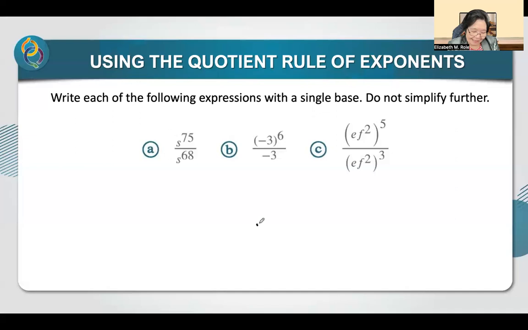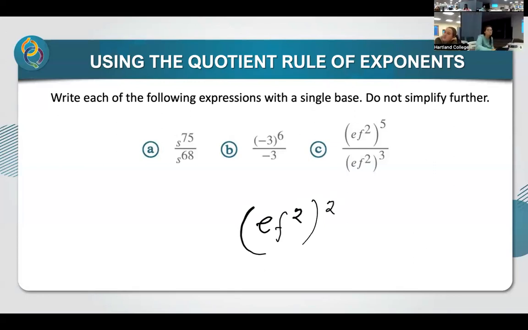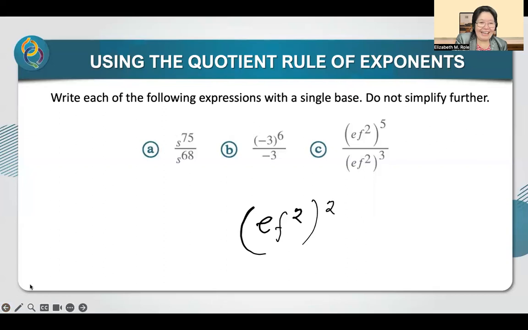So your final answer will be EF squared raised to the 4. Okay. Well, we can simplify that later on, but as of the moment, I want that answer. Now, if you want to simplify, I don't want it yet because we have not done yet the power of the product. So that's the final answer, just for the sake of illustration. All right. So that's the quotient rule.